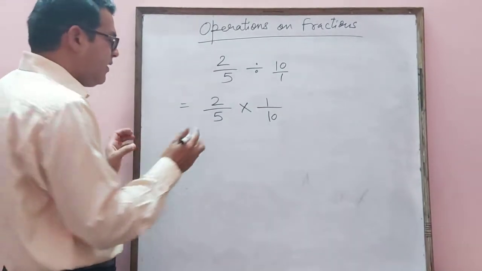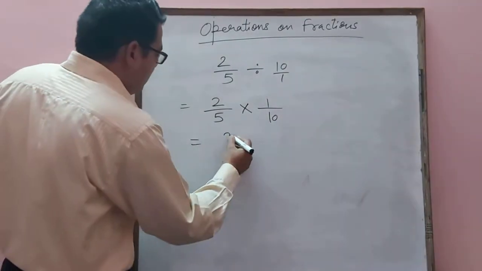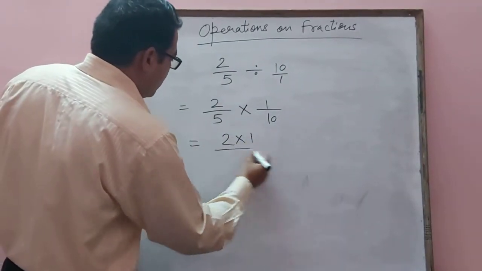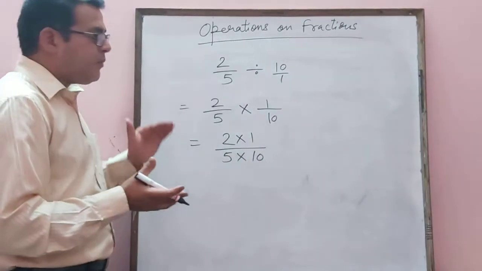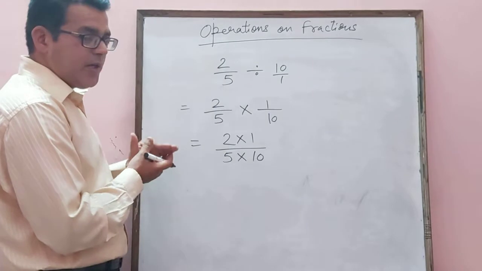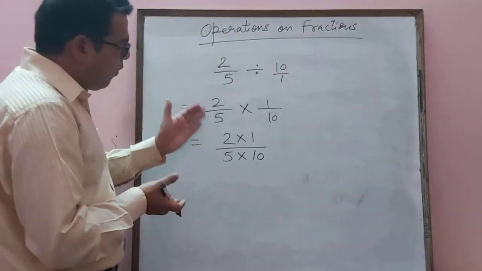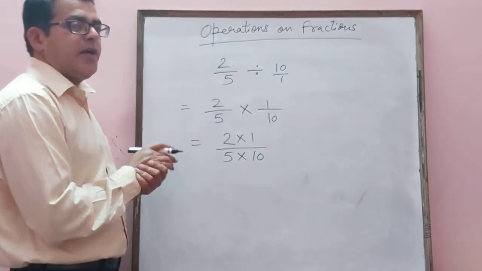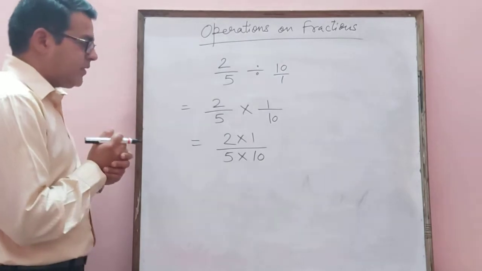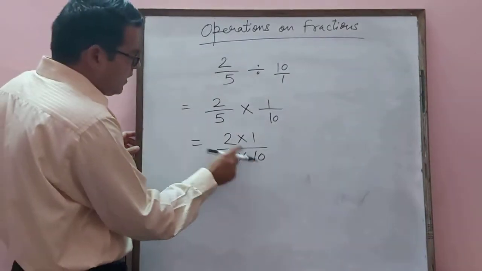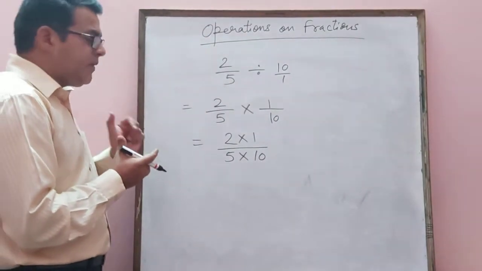Hope you understand. Now you can see here a simple multiplication process we can use. We have to multiply numerators with numerators, denominators with denominators. Now, before multiplication, we can simplify it also. We have already discussed all these things in previous classes. So, you can see here, this 2 and this 10, these two are divisible by 2.